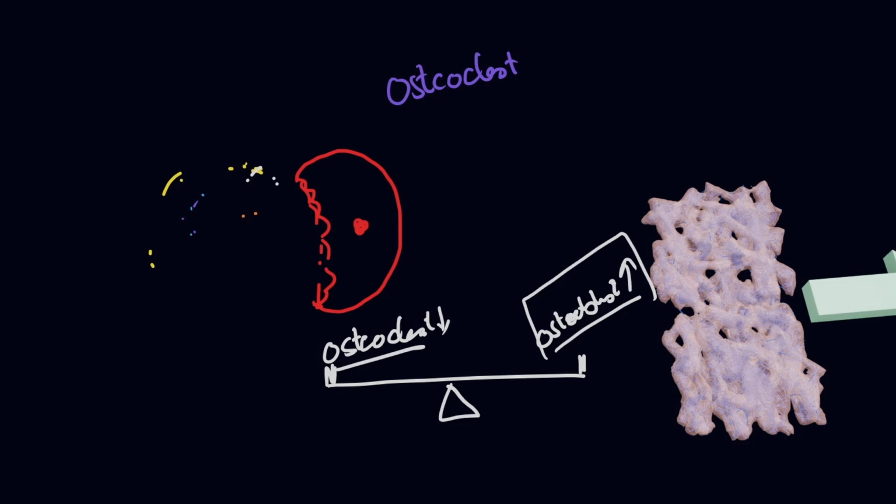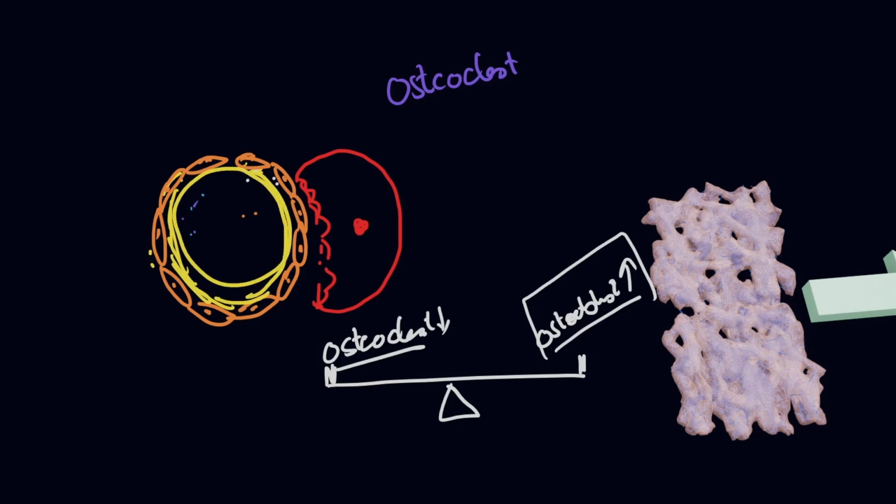So let me show you, from outside to inside, osteoblasts will lay the bony matrix with particularly arranged fibers having a particular direction, right? So they will release the bony matrix with fibers having a particular direction.